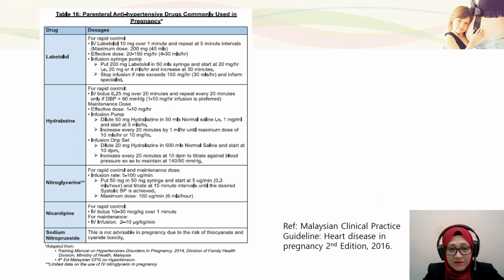So please have a look at the Malaysian CPG, and look at the details of the table of how the drugs should be administered. Because this is an IV drug, it has a certain regimen.